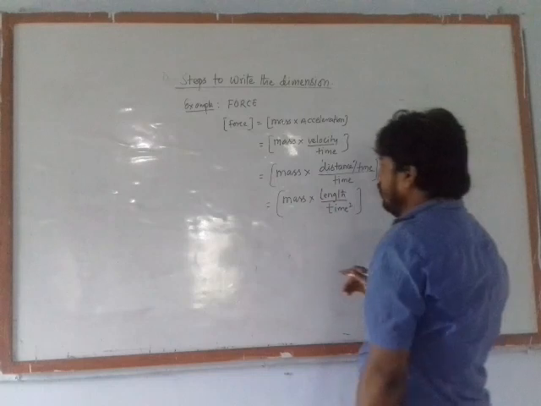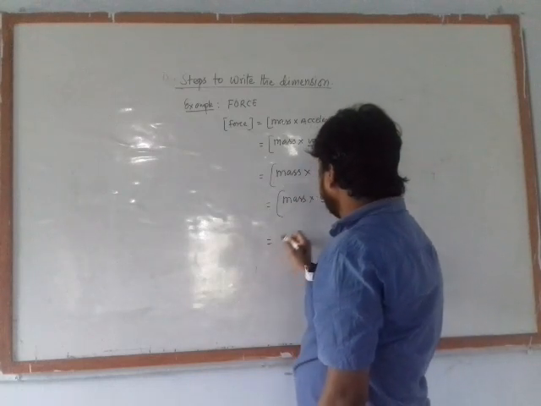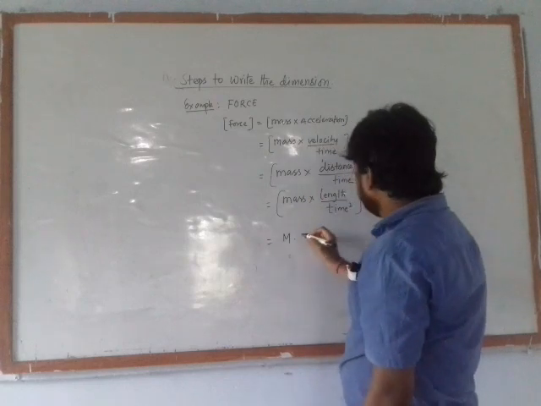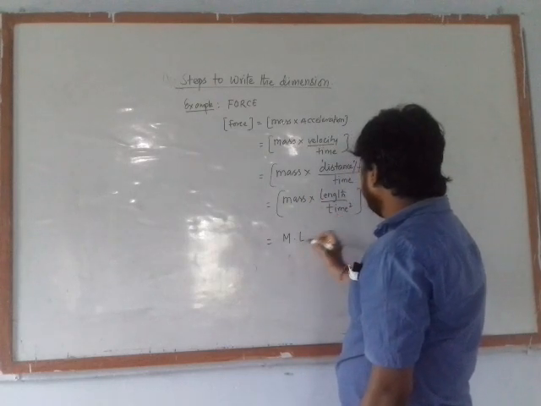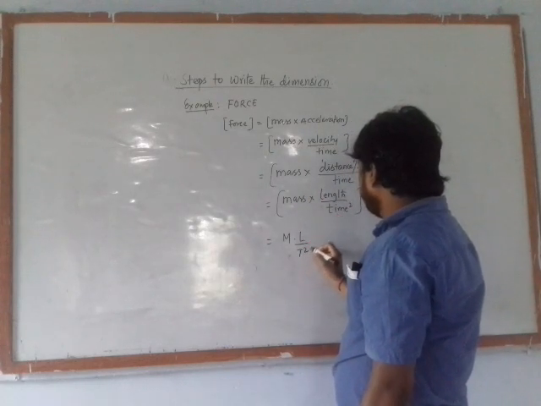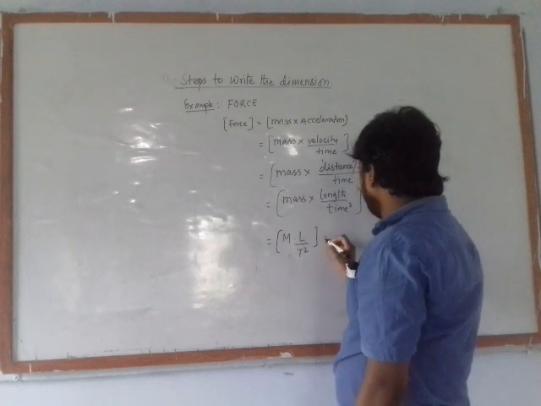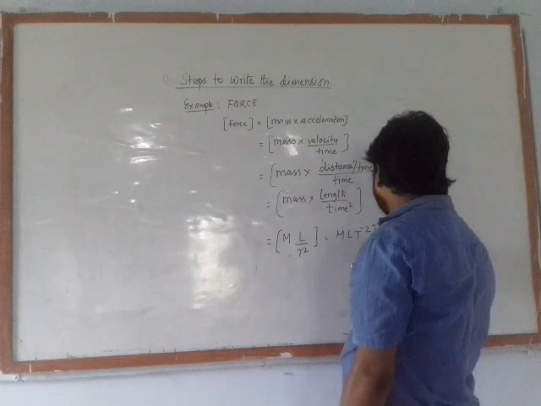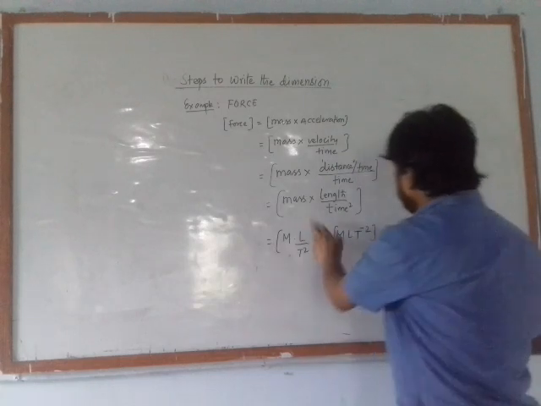Now let us use the symbols. So second step, mass is M, length is L, and time is T square. So it is M L T to the power minus 2, because reciprocal I have said.